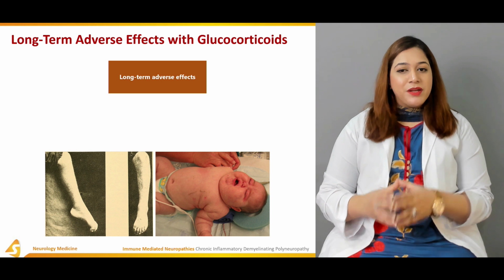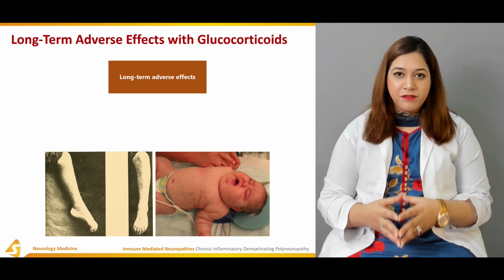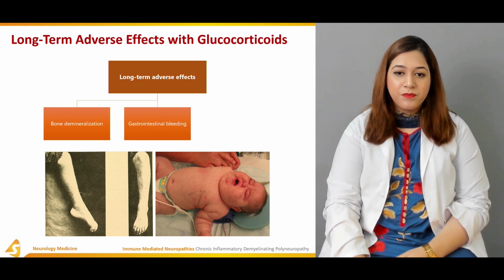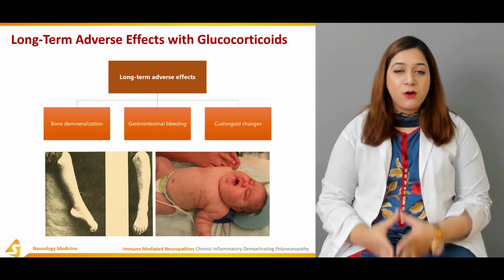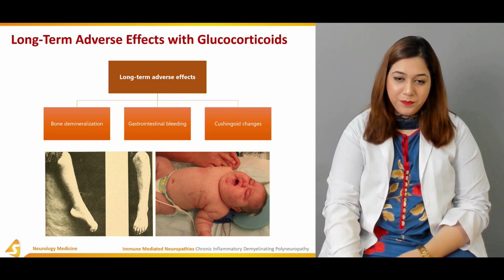As much as the benefits of glucocorticoids, there are certain long-term adverse effects, which include bone demineralization, gastrointestinal bleeding, and Cushingoid changes. These can be problematic for the patients, and these need to be dealt with.